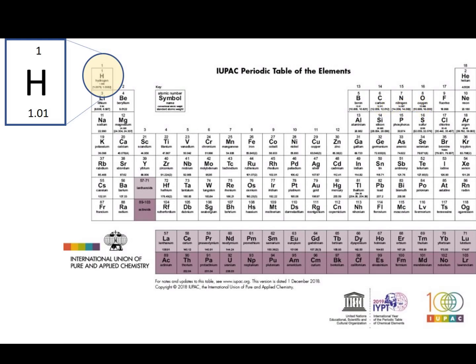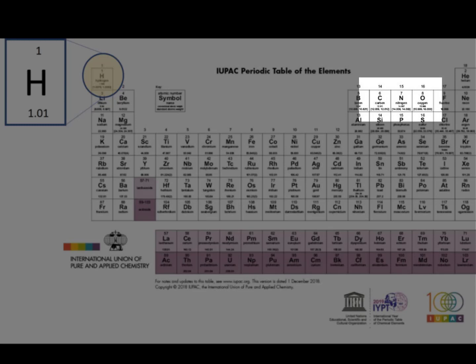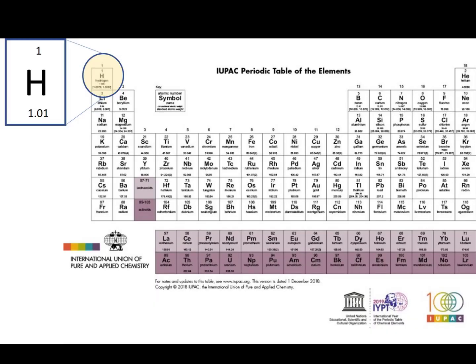If you've looked at a periodic table before, you'll note that a periodic table, of course, is broken up into various elements, and each element has a chemical symbol associated with it. For instance, hydrogen is H, carbon is C, oxygen is O.